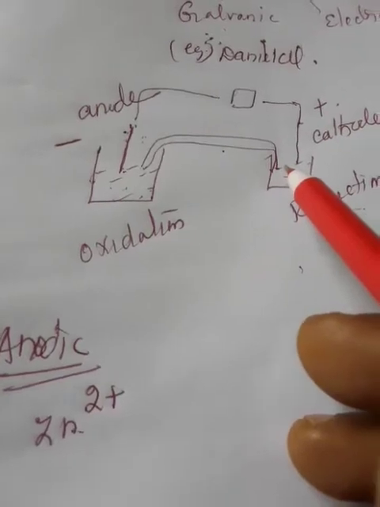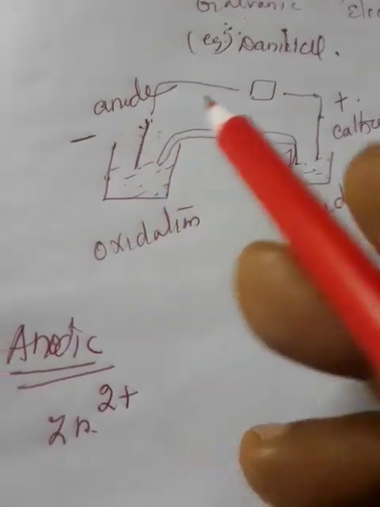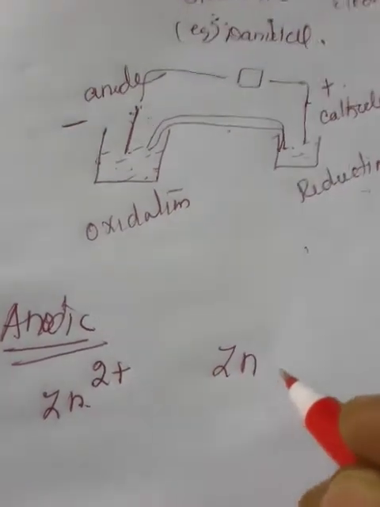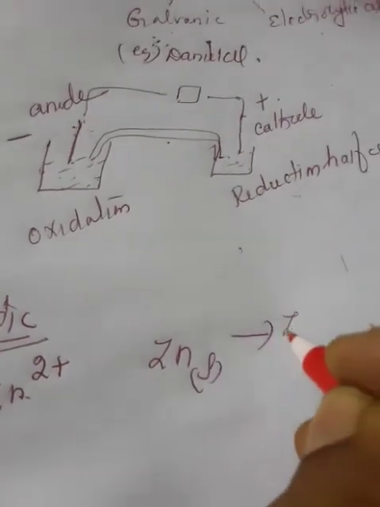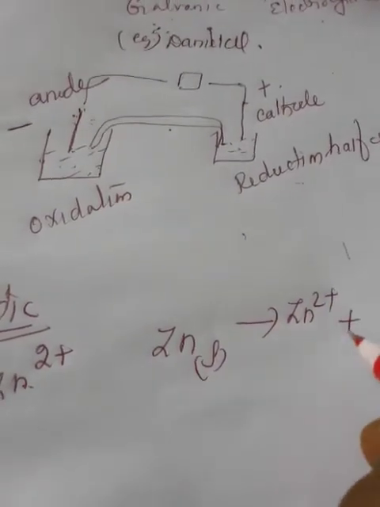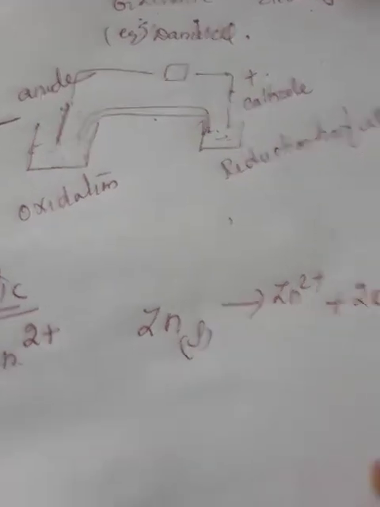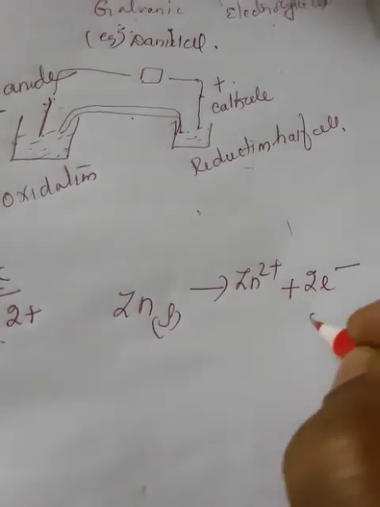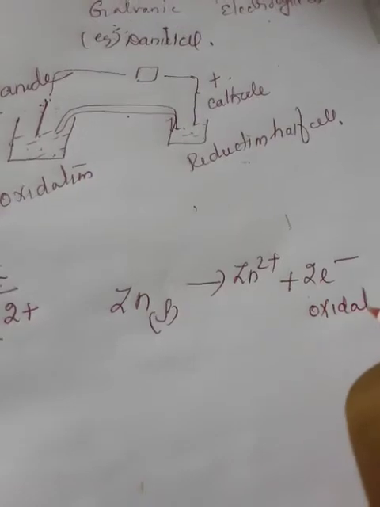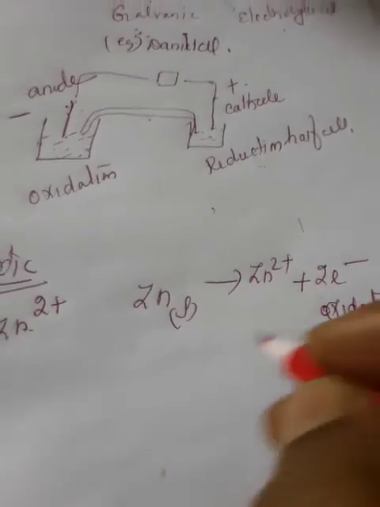So the zinc rod has a negative charge, giving Zn2+ and 2 electrons. Here loss of electrons happens, so it is called oxidation. Oxidation means loss of electrons.